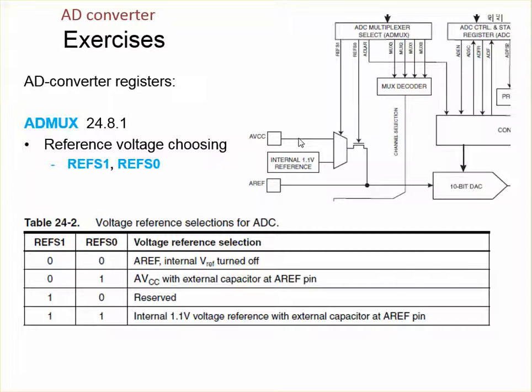It means that the highest converted input voltage will be 5 volts if we connect this to 5 volts. That is usually how we do it. The other reference voltage could be this internal 1.1 reference voltage that is generated internally by the chip.